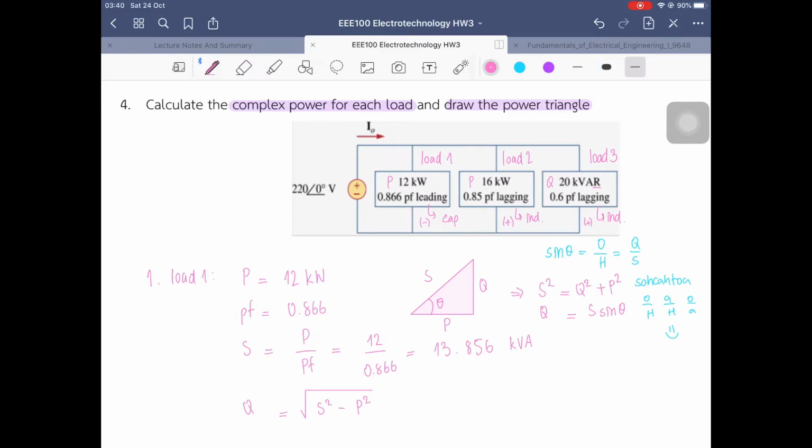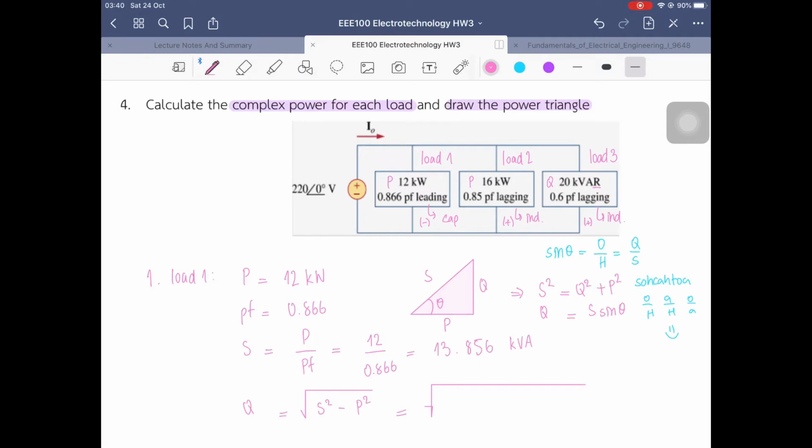So now we move on to the Pythagoras, because if we want to find Q equals sine theta multiplied by S, you have to find the angle again by the inverse of cos theta. So it's a long way to do.